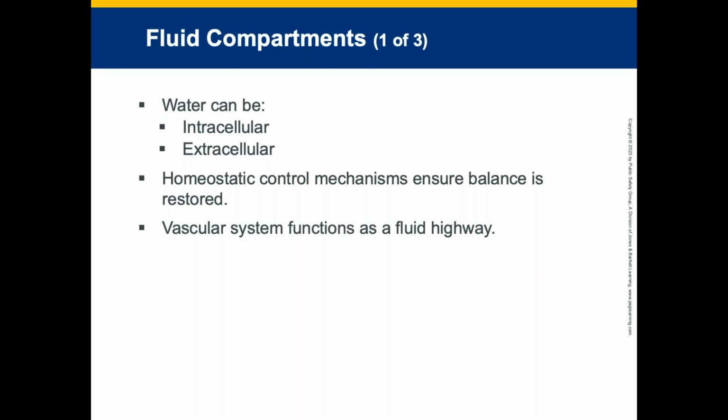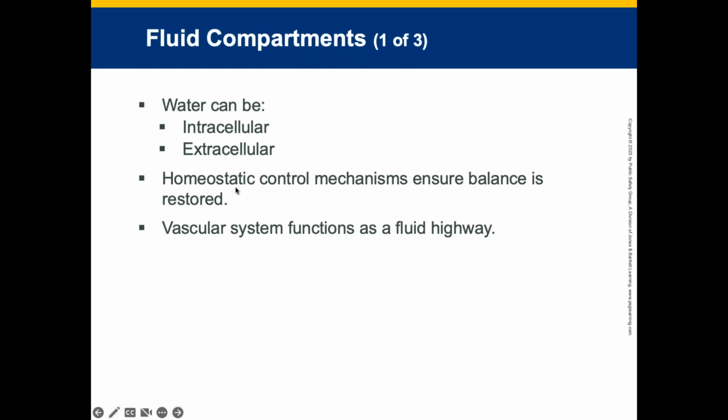But homeostatic control mechanisms ensure balance is restored, right? So the vascular system functions as a fluid highway and contains cells which can be thought of as another fluid compartment. So there may be a time if patients have too much fluid, we start seeing that edema, or we have patients of what they call third spacing, right, where that fluid goes into that third space between there.